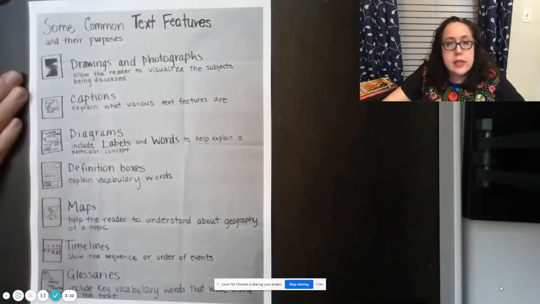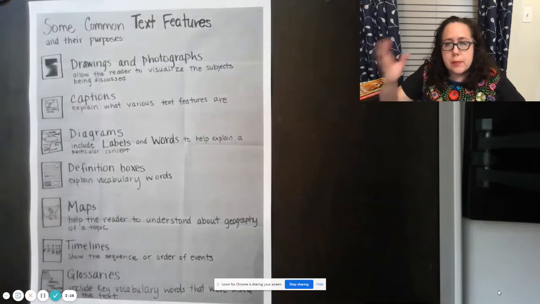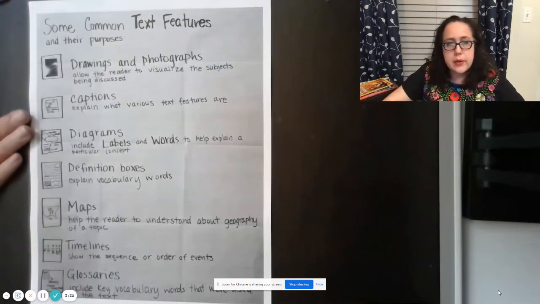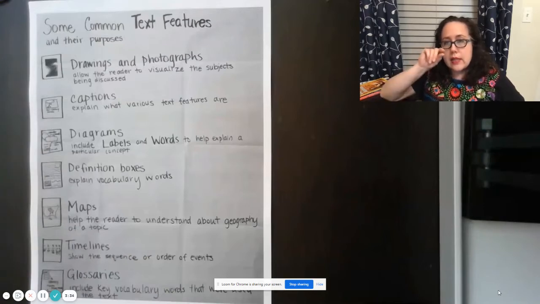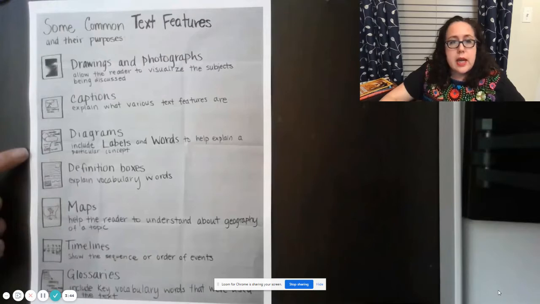So drawings and photographs are often included in informational text in order to allow the reader to really picture the subjects the writer is talking about. Captions, that's those lines that go underneath those pictures or drawings, and they explain what those text features are.